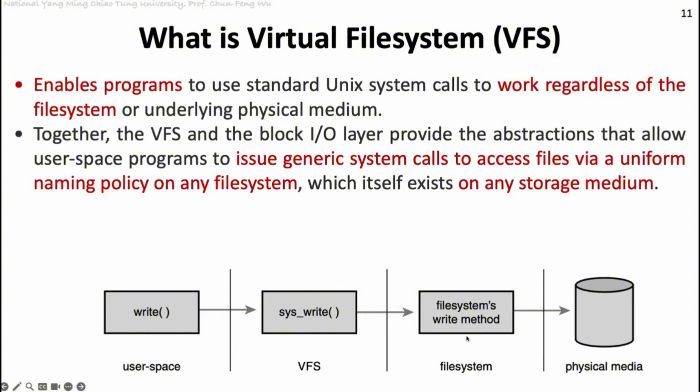For example, exFAT has its own implementation for the write method, and ext4, ext3, ext2 all have different implementations for write. VFS helps to hook all these file systems together. Okay, so this is about the virtual file system.